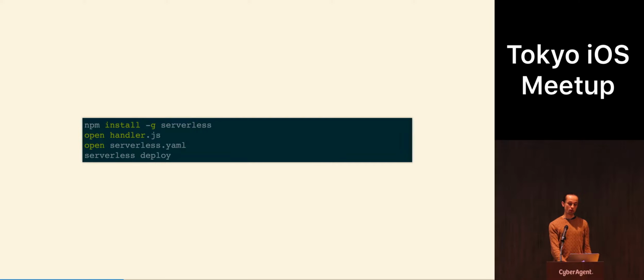So you open some handler.js and put JavaScript code there. Then you open serverless.yml and put in the basic configuration, so Lambda will know which part of the code to run for you. And then you can do serverless deploy and it will make everything happen in the cloud.